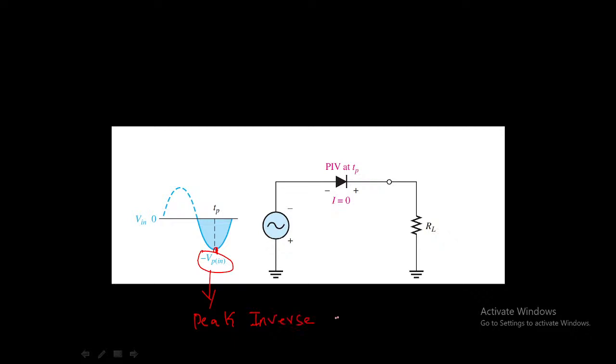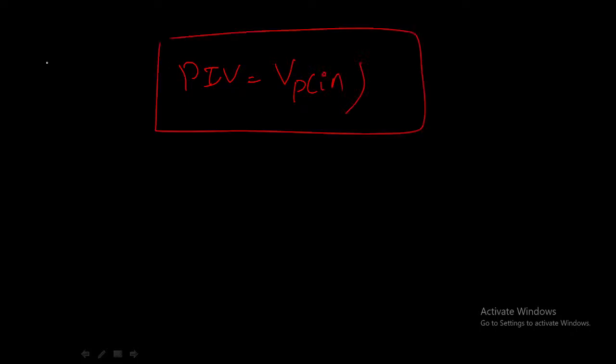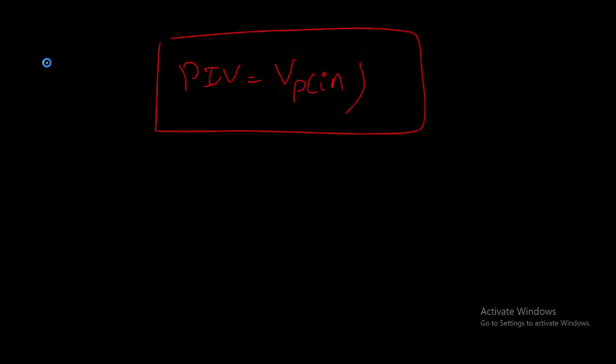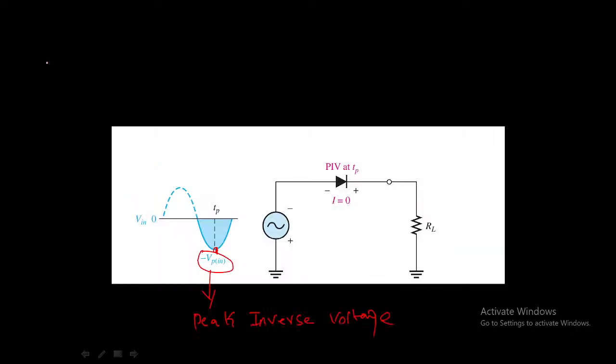This point is known as peak inverse voltage, given by PIV, which is equal to Vp input. So that is about the half wave rectifier and peak inverse voltage.